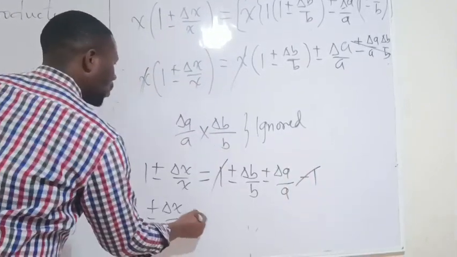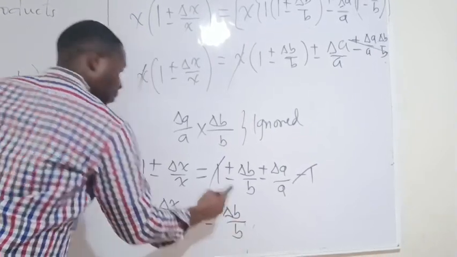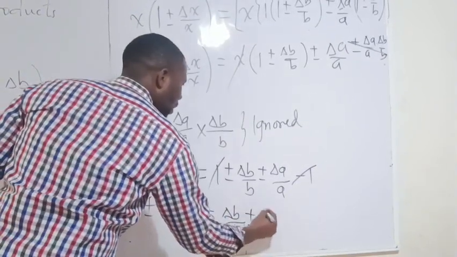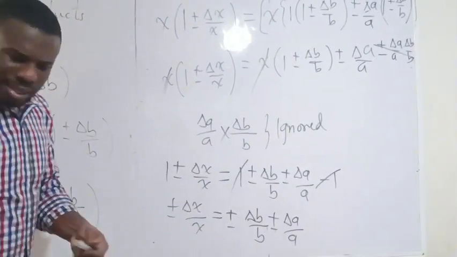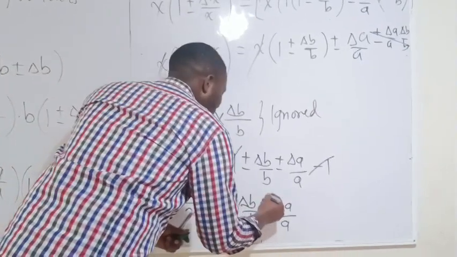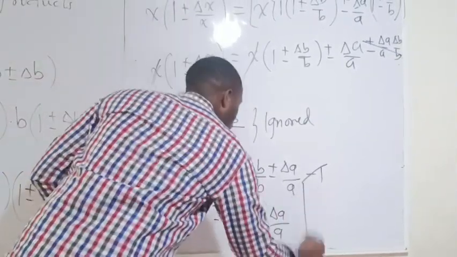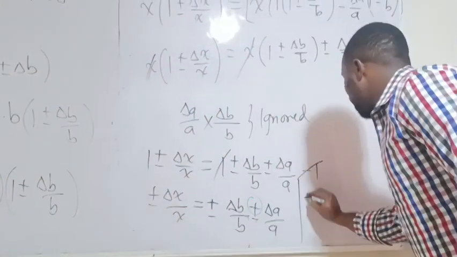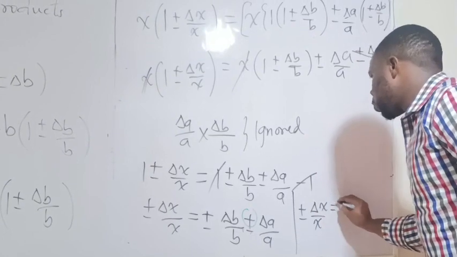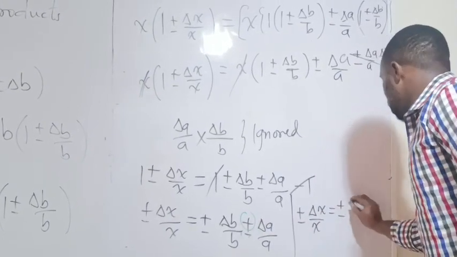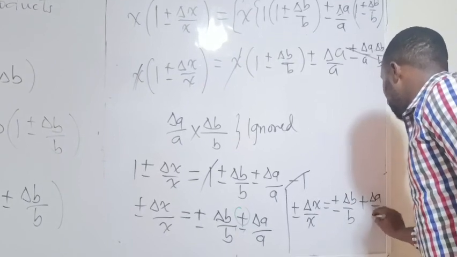So what I'm left with is plus or minus the fractional error in quantity b, then plus or minus the fractional error in quantity a. And of course, I'm just interested in the positive parts. So finally, plus or minus the fractional error in quantity x equals plus or minus the fractional error in quantity b plus the fractional error in quantity a.